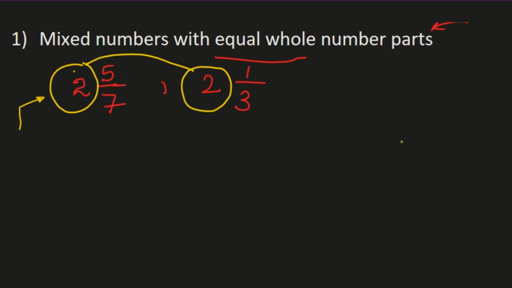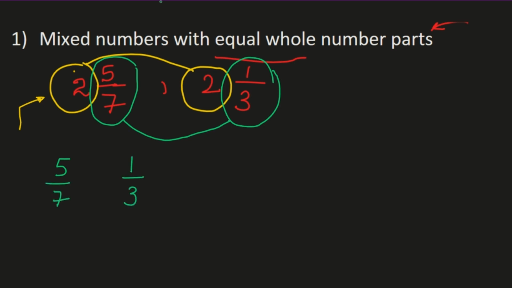If the whole number parts are equal to each other, then the easiest thing you can do is go for the proper fraction part. These are the two proper fractions in the question. So now we need to compare the proper fraction parts, 5 upon 7 and 1 upon 3.